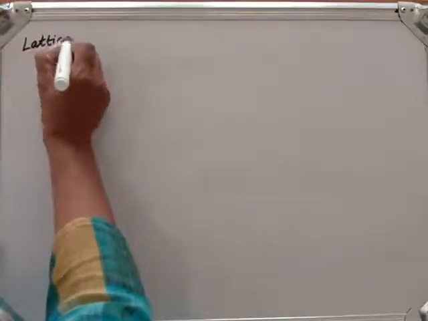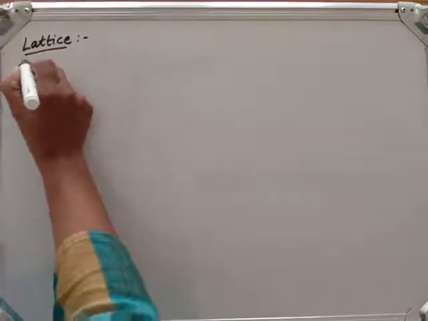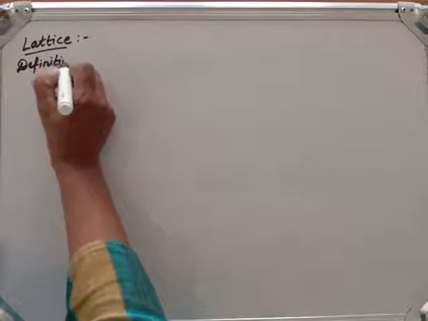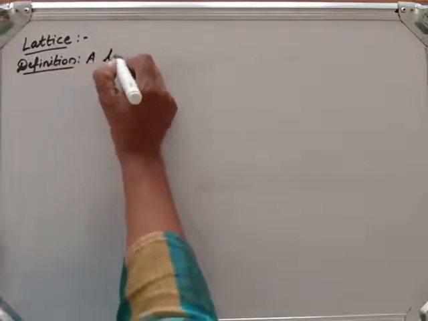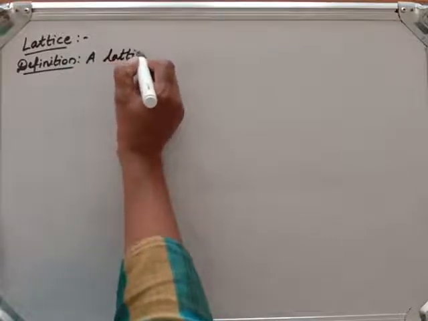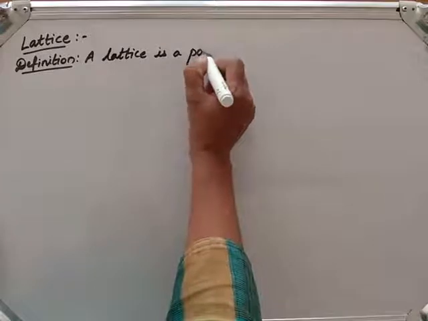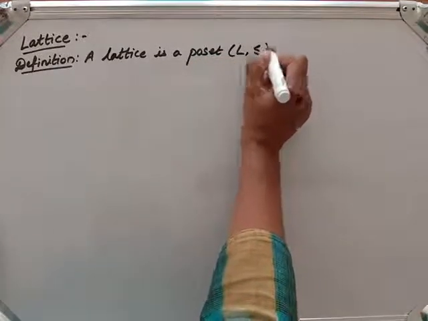So, the definition: a lattice is a poset. You know, a poset is denoted as such.